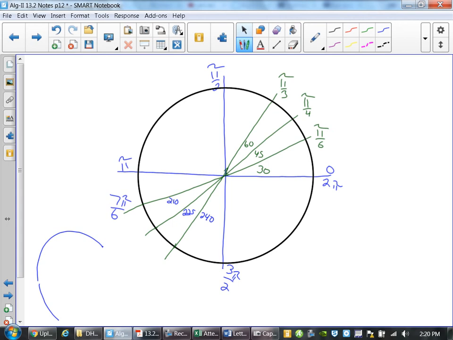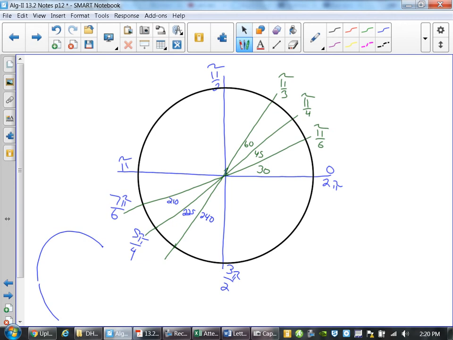Add a whole to a quarter. I'm adding 4 over 4 to 1 over 4, and I get 5 pi over 4. I'm adding pi, because I went 180 degrees.